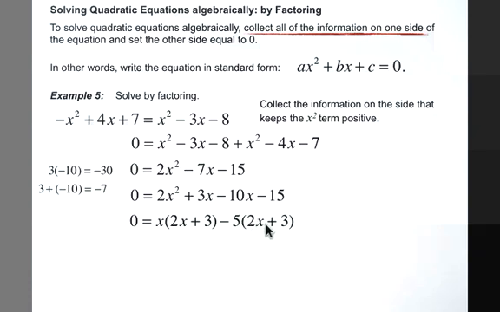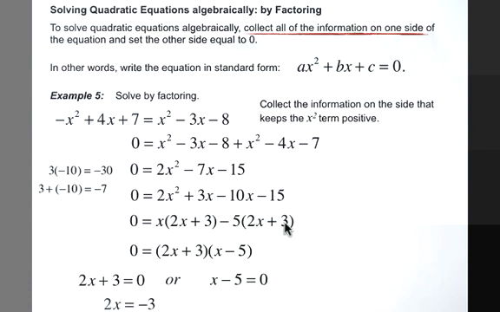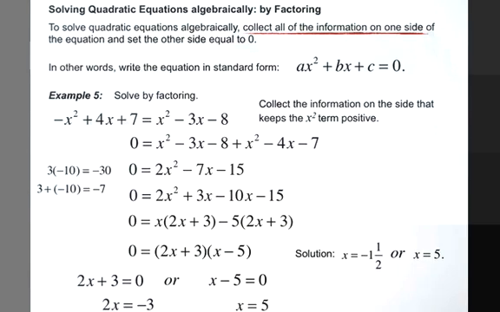Negative 5 times 2x plus 3. So our two factors are 2x plus 3 times x minus 5, which means 2x plus 3 must equal 0, or x minus 5 must equal 0. 2x equals negative 3, x equals 5. So our solution is x equals negative 1.5, or x equals 5.